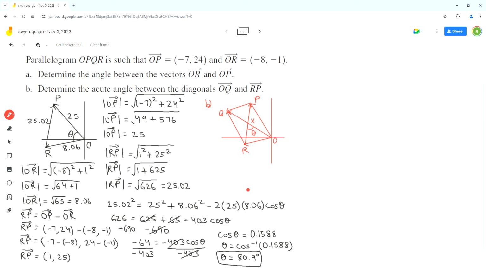So I can draw it again. Now in this triangle, we know that side OR has length 8.06.